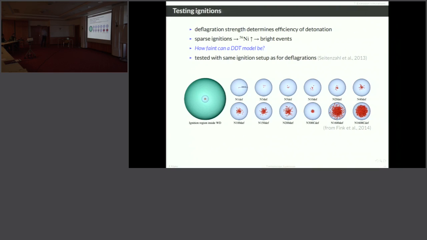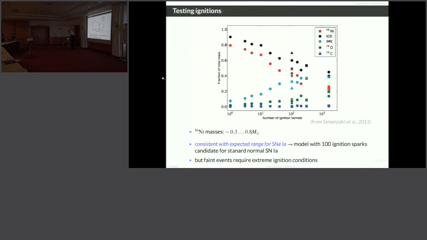And this was tested in, again, a number of simulations varying the ignition spark geometry, exactly the same setups that we also used for studying the pure deflagrations, but now we added a detonation phase in these models. And what you get is summarized in this plot. This is the mass fraction of total mass plotted against ignition kernels in the deflagration phase for different models.